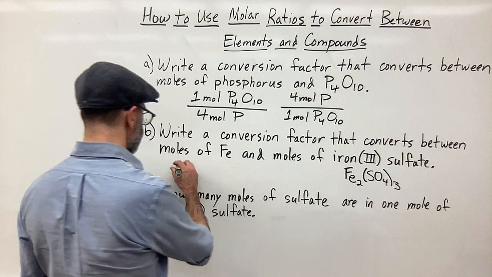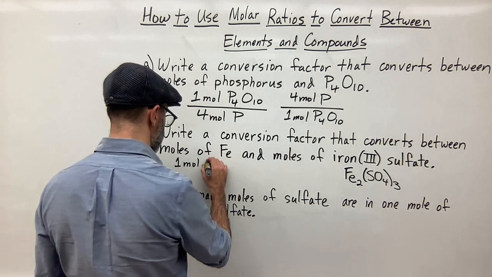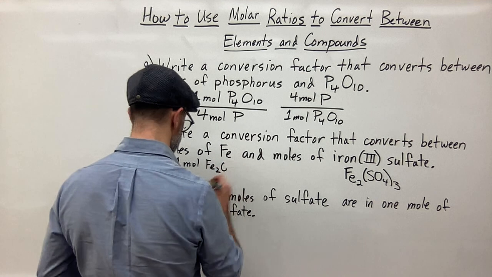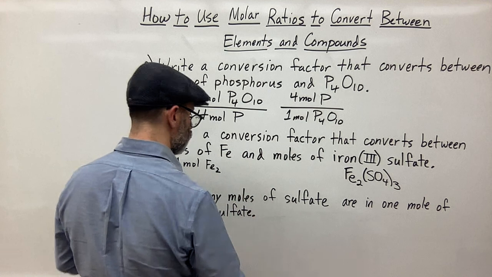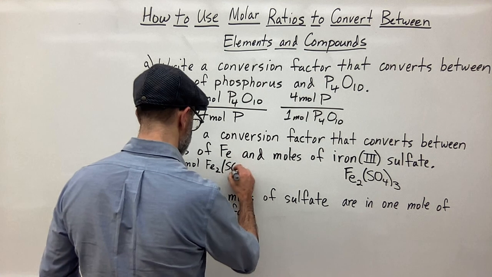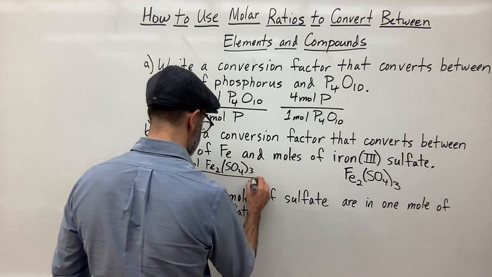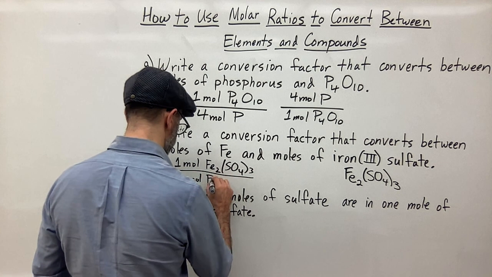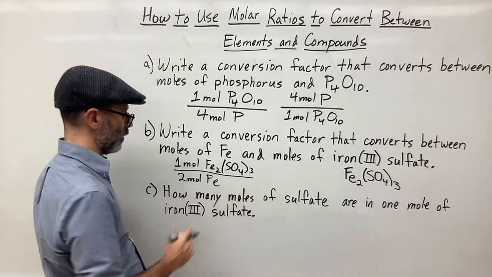So for every 1 mole of this formula unit, Fe2(SO4)3, that means we have 2 moles of Fe because of the 1-to-2 ratio in the formula.